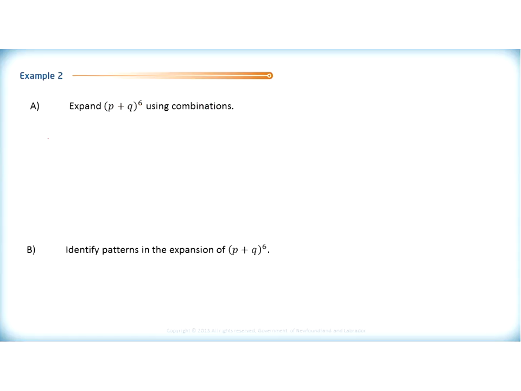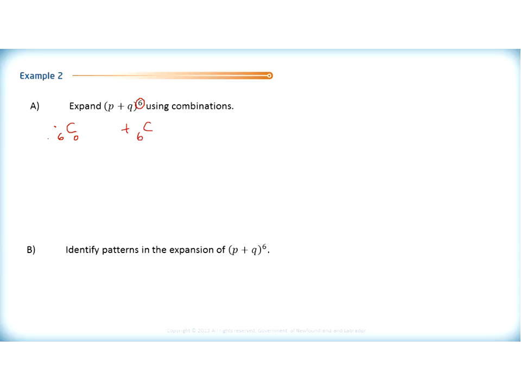So using combinations, here's how it looks. P plus q to the power of 6 is going to be, I'm going to write out all the coefficients first. It's the C of 6 choose 0. Note the 6 here, and that's what I start with. I don't have to worry about whether it's row 5, row 6, row 7. It starts with 6 because my power is 6. C of 6 choose 0 is my first coefficient.